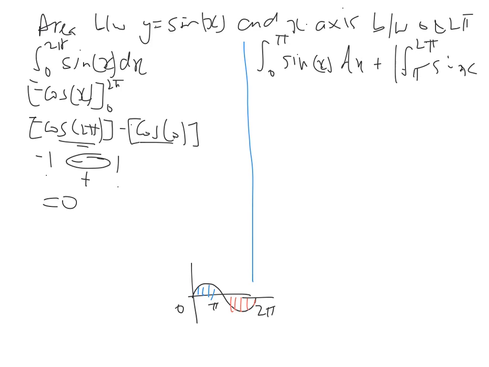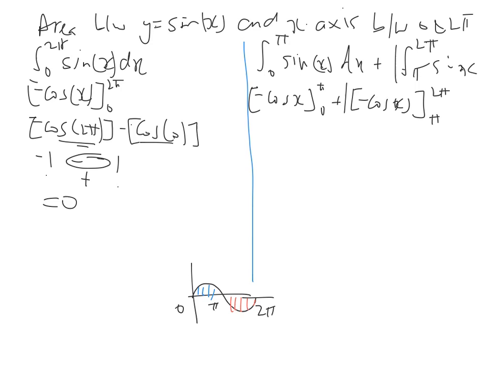So the integral of sine of x becomes negative cos x between pi and 0, then we're going to say plus the absolute value of negative cos x between 2 pi and pi.